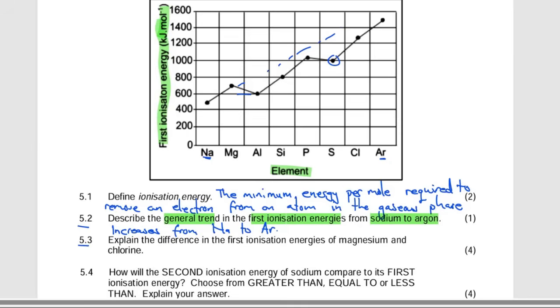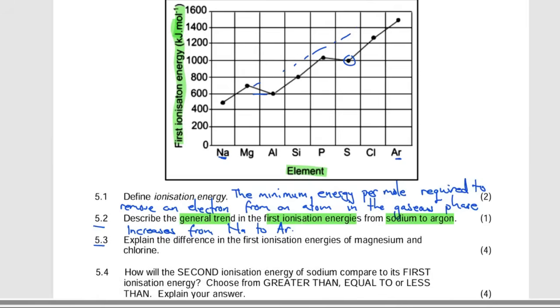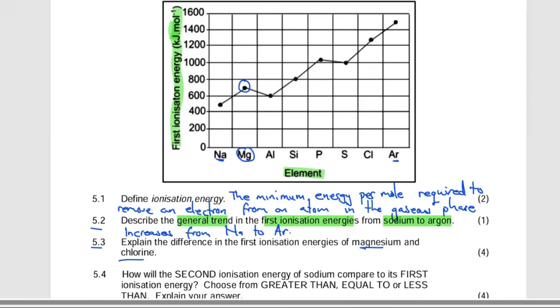So this is our Mg there, and I'm going to circle it, then erase all these other ones. And we're also supposed to look at chlorine, so this is Cl there. So this is chlorine there.